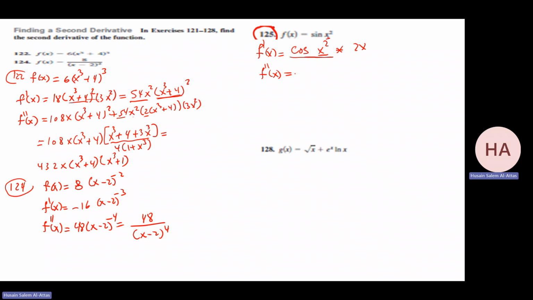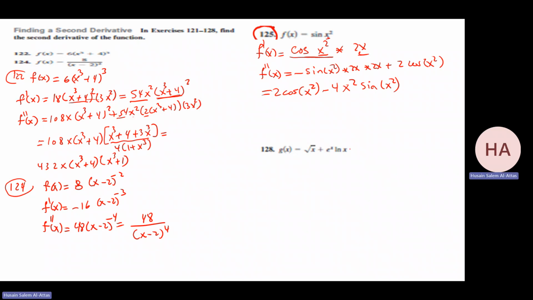So derivative of this, minus sine x square times 2x times the second, plus 2 times the first. 2 is the derivative of this. So I have 2 cosine x square minus 4 x square sine x square.